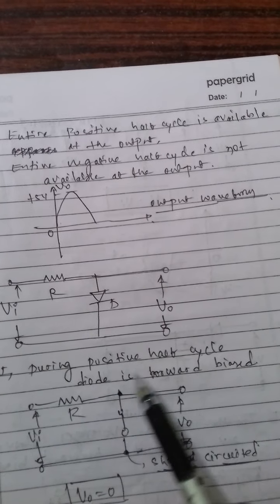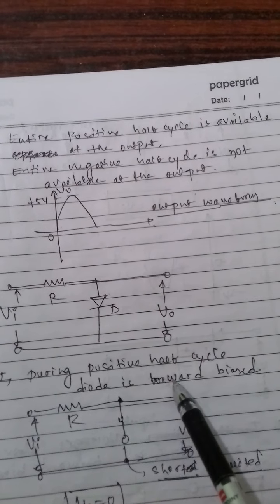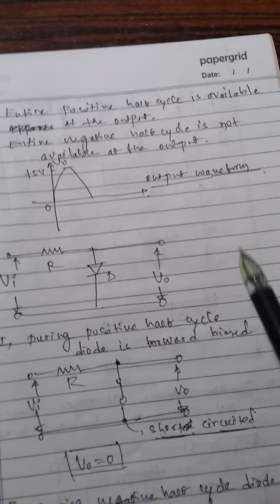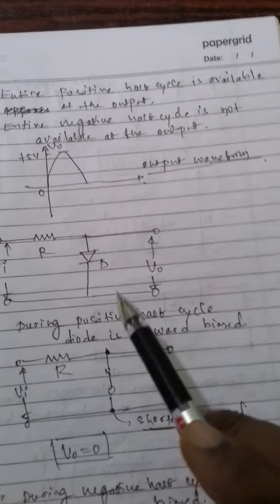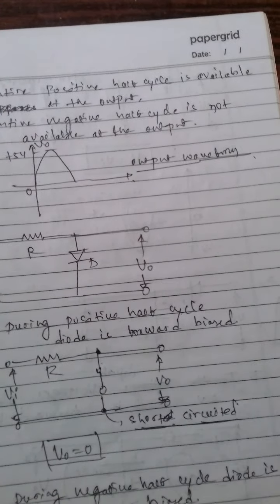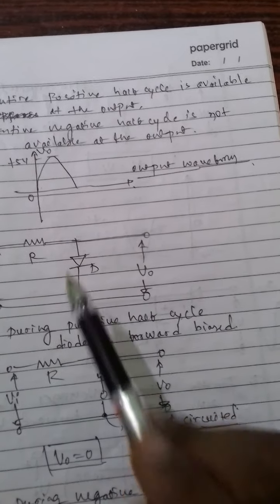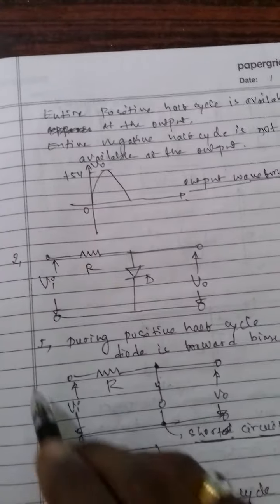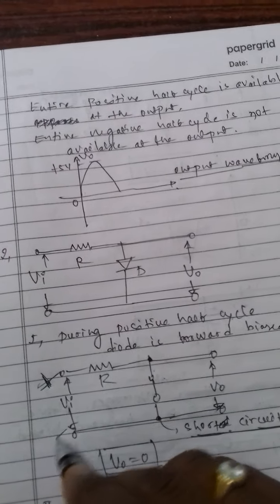During the positive half cycle, the diode is forward biased, so it is replaced by a short circuit, according to the diode approximations. First, why it is forward biased: because during the positive half cycle this side is positive and this side is negative.